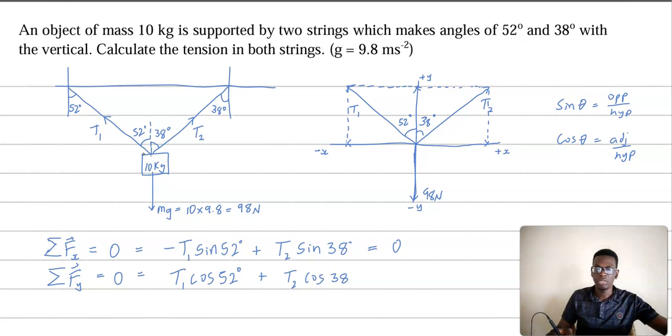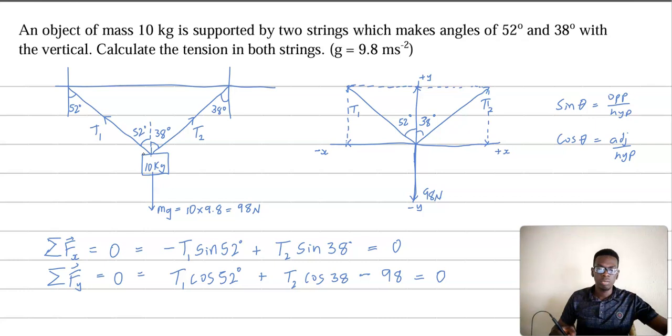So 98 newton, which is the weight, is in the y direction, therefore it will have no x component. The vector itself points to the negative y direction, so the sign is negative and the magnitude is 98 newton. And that has to be equal to 0 because this body is in equilibrium.